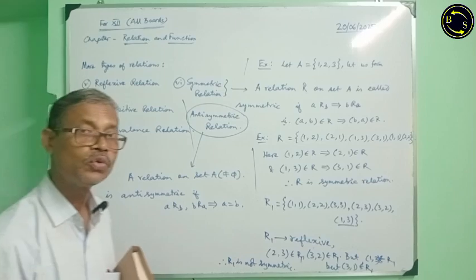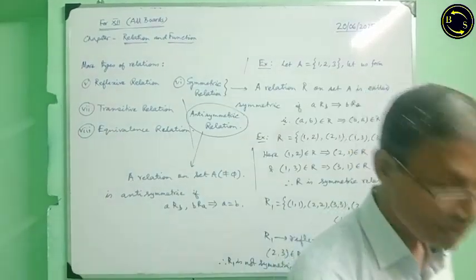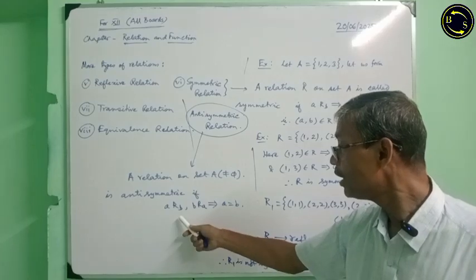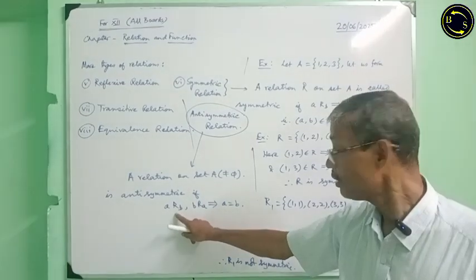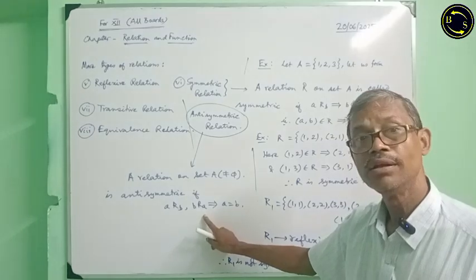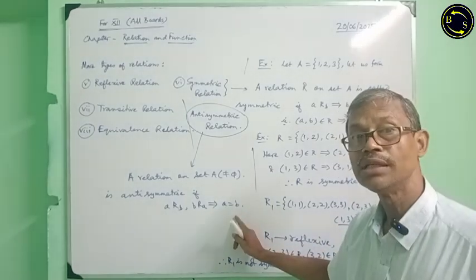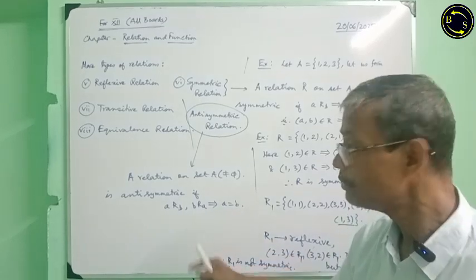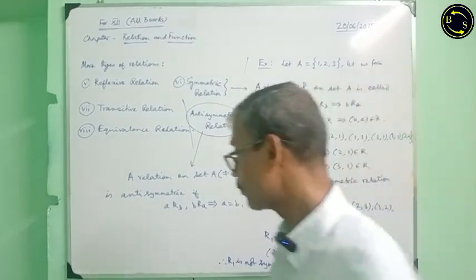That is, if the ordered pair (a,b) is in R and (b,a) is also in R, then a equals b. Such a type of relation is called an antisymmetric relation.